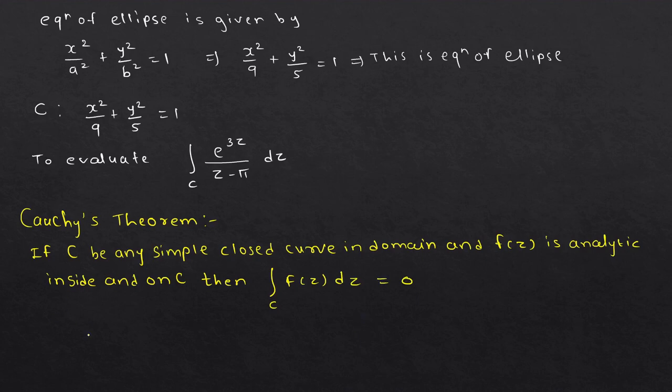Now here, f of z is equal to e raised to 3z upon z minus pi. Okay. Now we have to prove that it is an analytic function inside and on C. But here there is a singular point.